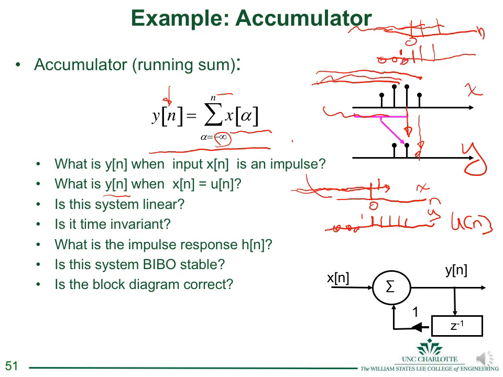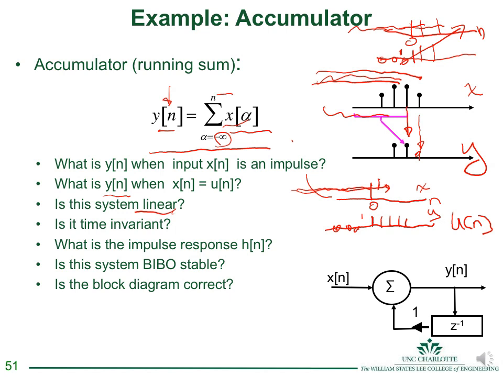Is the system linear? Yes, it is. If I double the x of n, I can see here that the output would double. Is it time invariant? Well, if I shifted this impulse, then the response to the unit step would have shifted accordingly too.